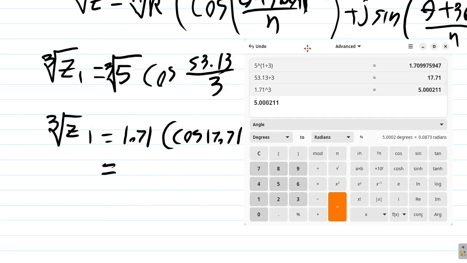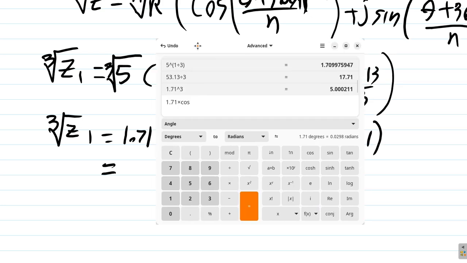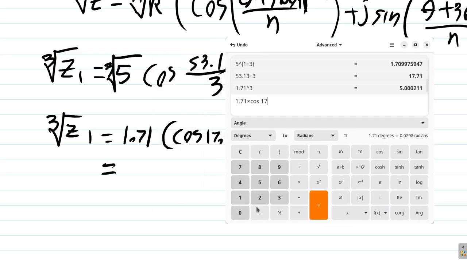Let's work that out. 1.71 multiplied by the cosine of 17.71 equals 1.63.